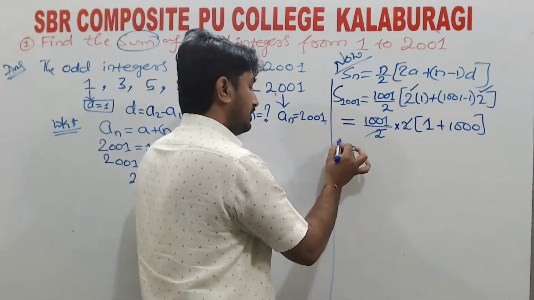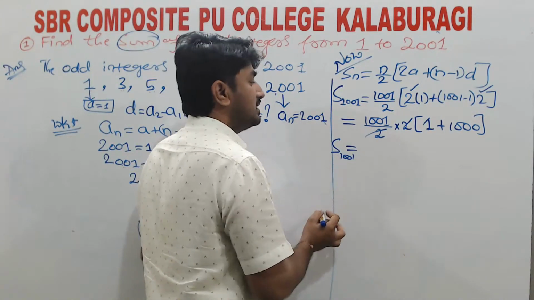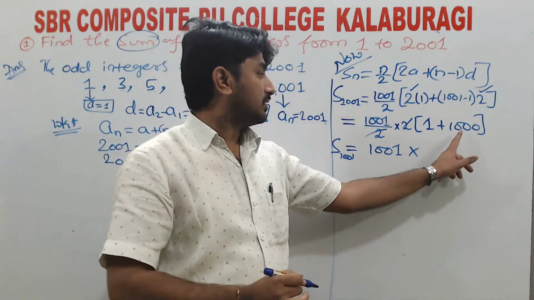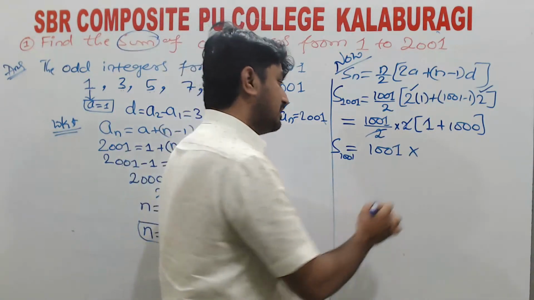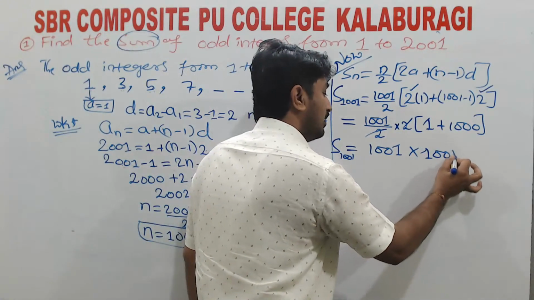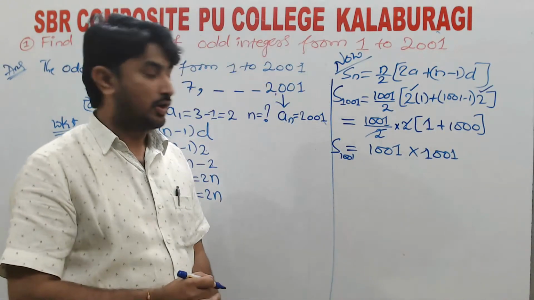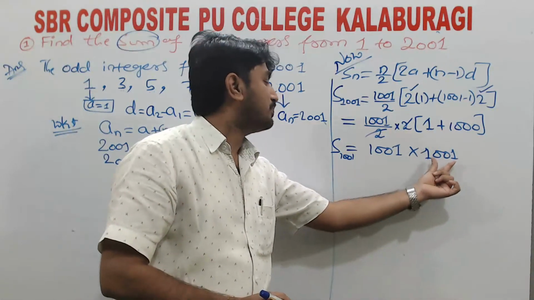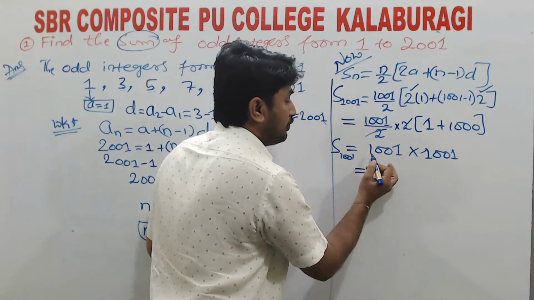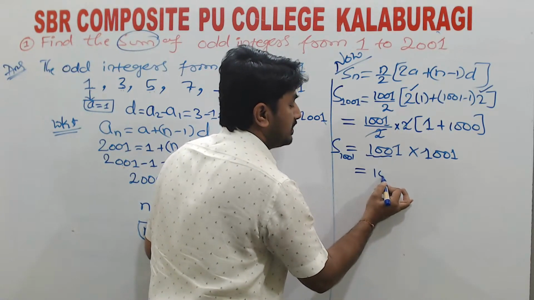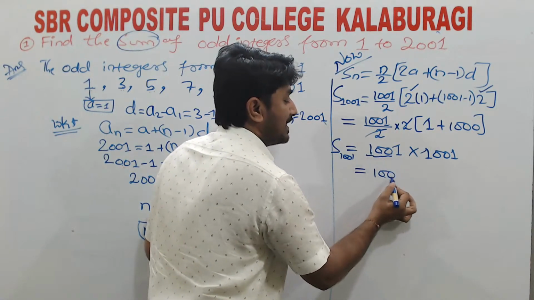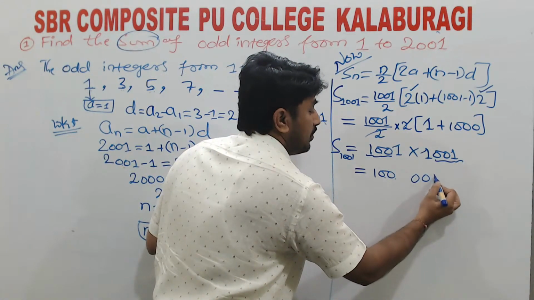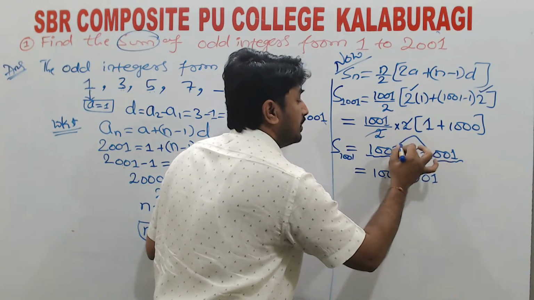Now S1001 equals 1001 into 1000 plus 1, which is again 1001. Multiplication of these two terms has a simple trick. First I write the first three digits 100 as it is, and the last three digits 001 as it is, and the sum of these two, 1 plus 1, is 2.